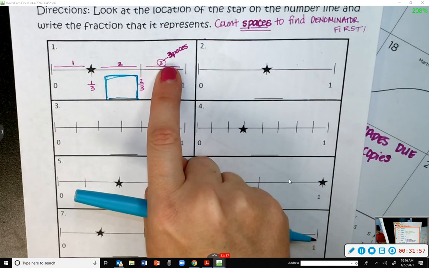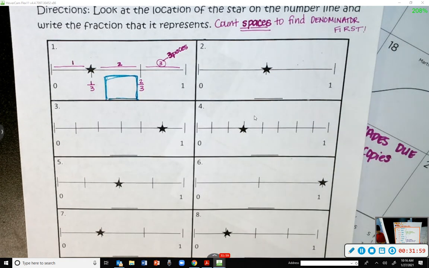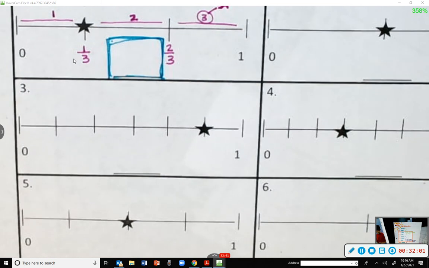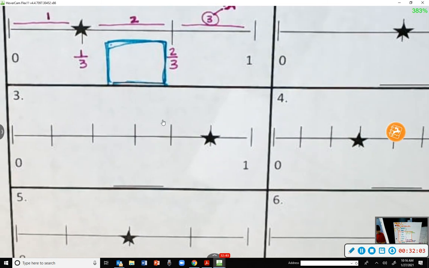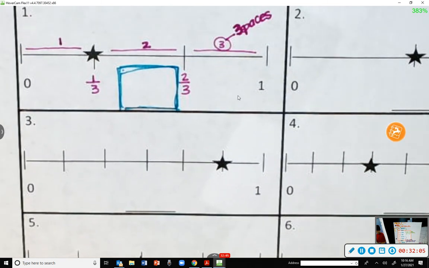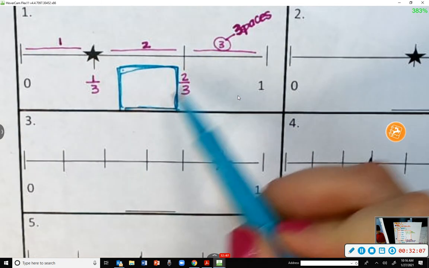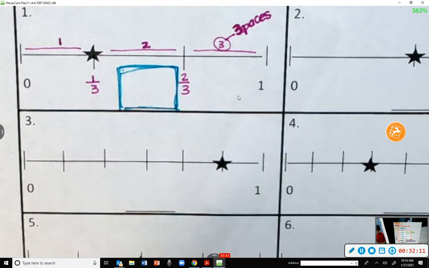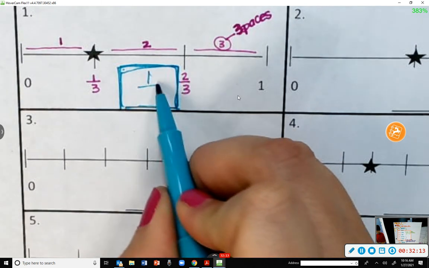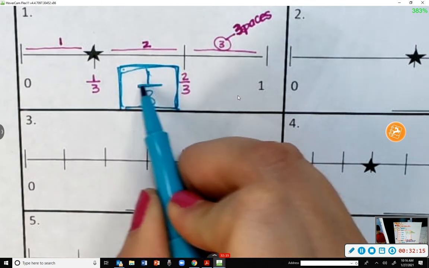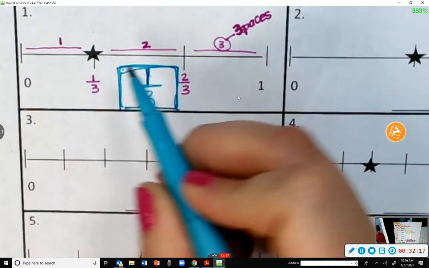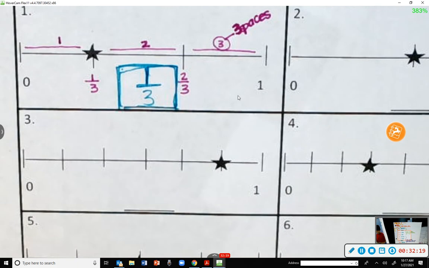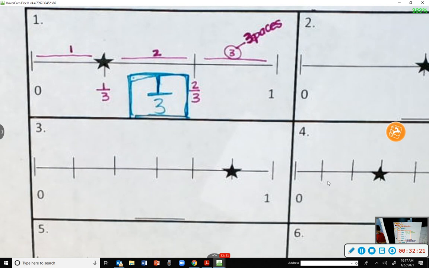There was 3 spaces on this one, so the denominator becomes 3. Then you label the number line, and then your final answer is whatever the star is on. So what would my answer be here? 1/3. So in the middle of each box, I should see your answer for where the star is. Got it? Got it. All right.